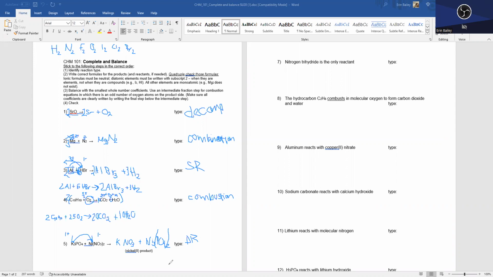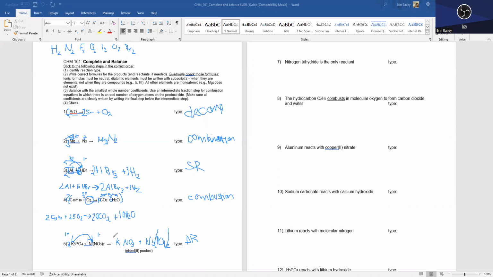Now, we check for balancing issues. I'm going to start with the polyatomic ion here. I see that I have 2 phosphates and I only have 1 on this side. So right off the bat, I'm going to write a big old 2 right there. And that means that this potassium is going to be 2 times the subscript 3, so it's going to be 6.